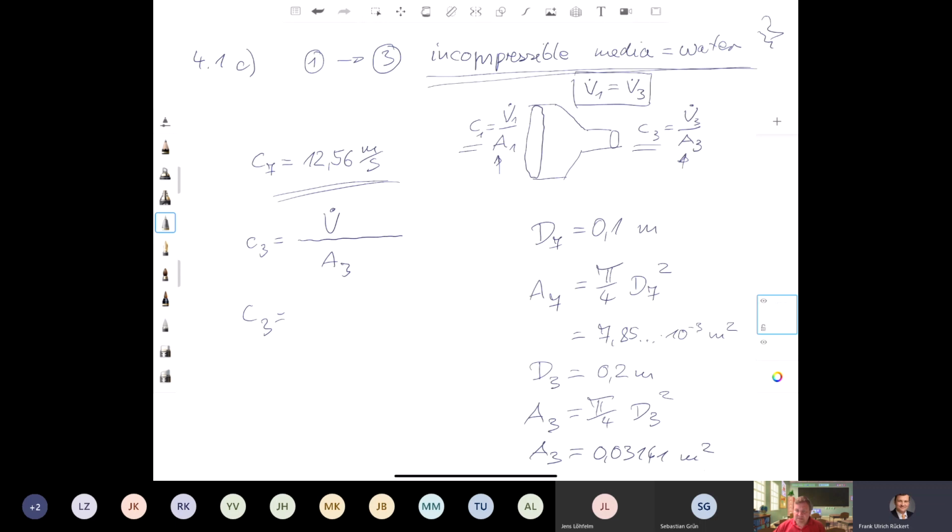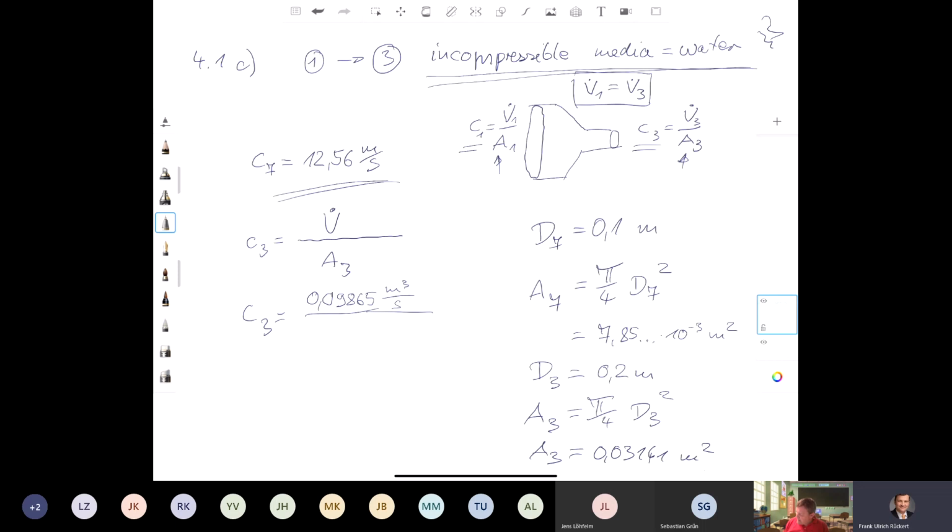Hi guys. Can anyone tell me the volume flow from the exercise? 0.09865. Perfect. Thank you, because I already deleted this sheet.